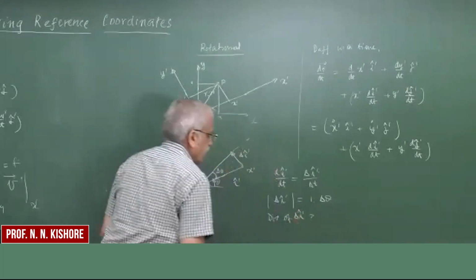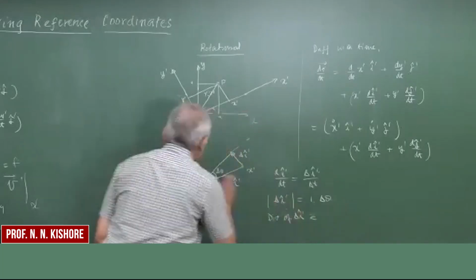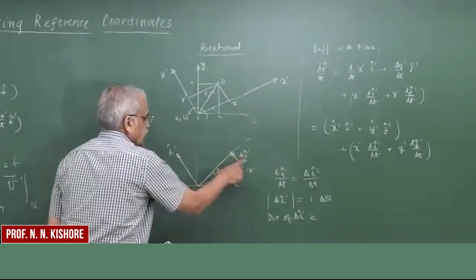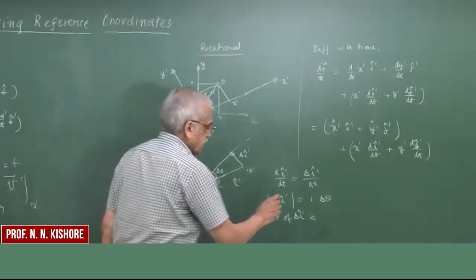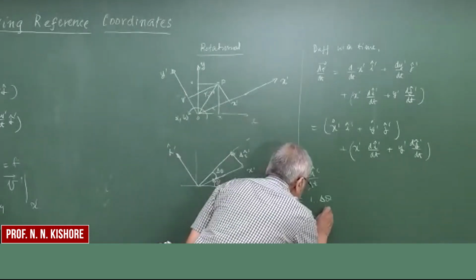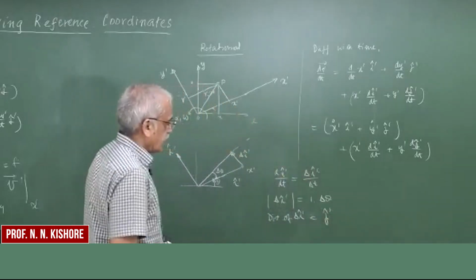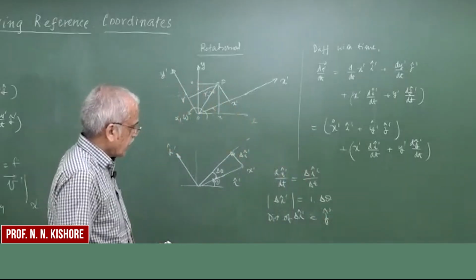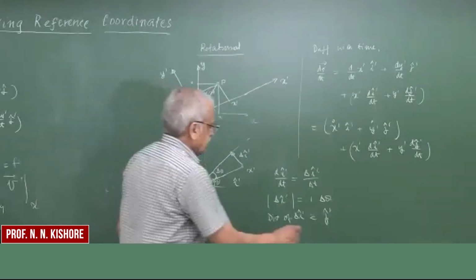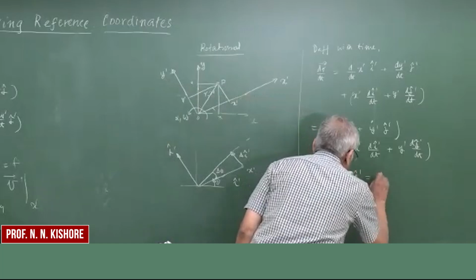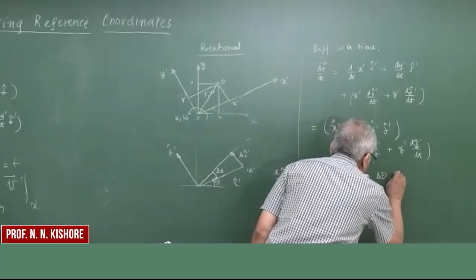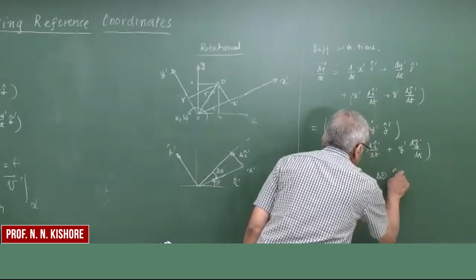And the direction of delta i prime is what? If this is j prime, you know that in the limit it is parallel to j prime. So delta i prime can be written as delta theta in the direction of j prime.